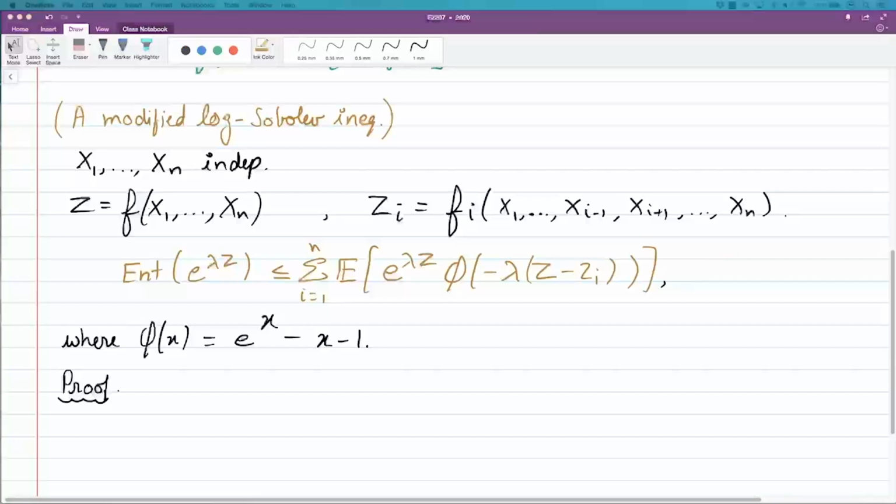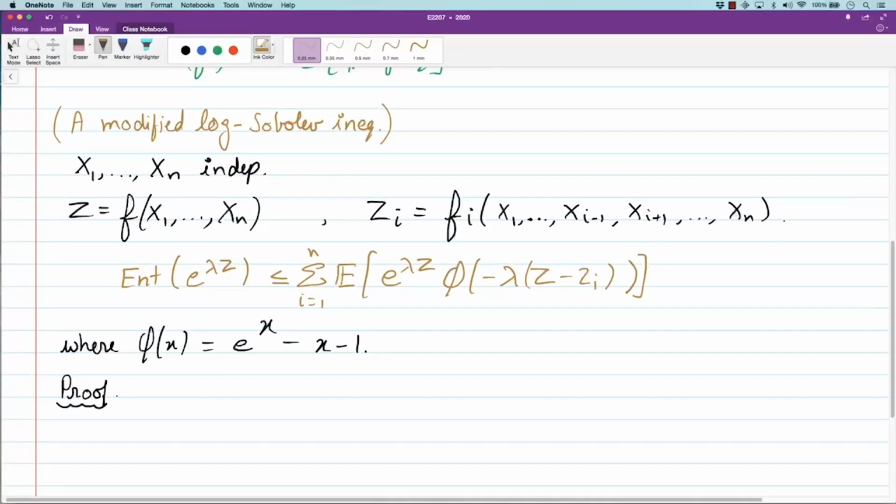Lambda is non-negative, lambda greater than 0 actually. The proof relies on the variational formula for entropy that we saw in the previous class.